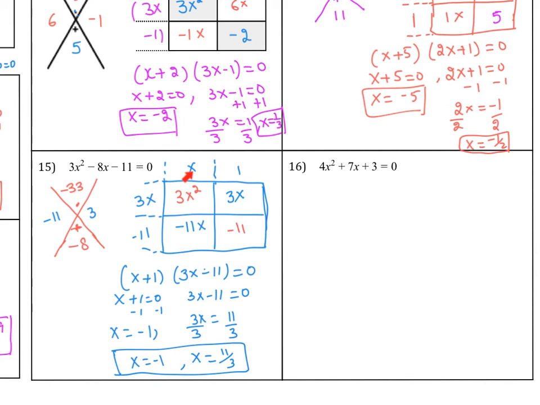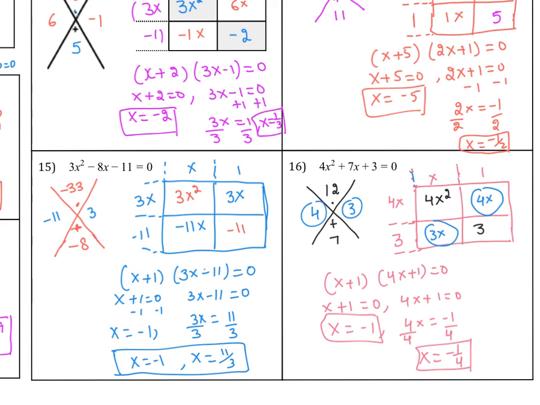So 3x times x would be 3x squared, 3x times 1 would be 3x, negative 11 times x would be negative 11x, and negative 11 times 1 would be negative 11. Write the top one into one factor, the side one into another factor. Set them equal to 0 one by one and solve for the x value.